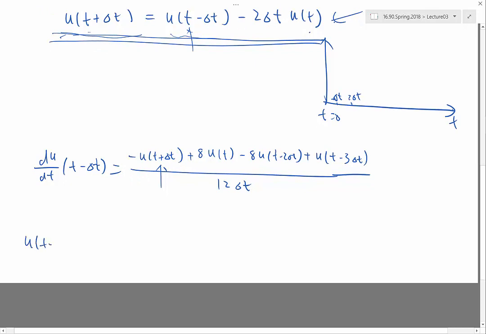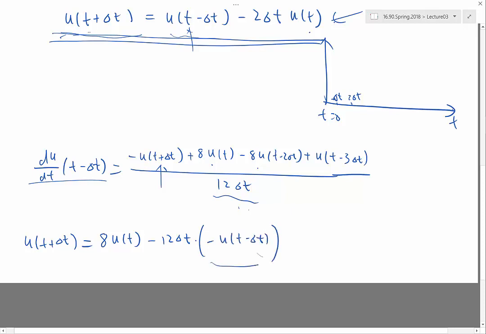So u of t plus delta t should be equal to... I have to actually reverse the signs of everything. So this term first, 8 times u of t, and the next, because this is t minus delta t, I have to say it's minus 12 delta t, right, times du dt, which is minus u at t minus delta t, right?